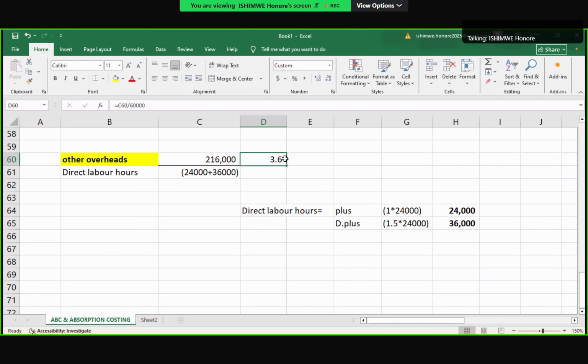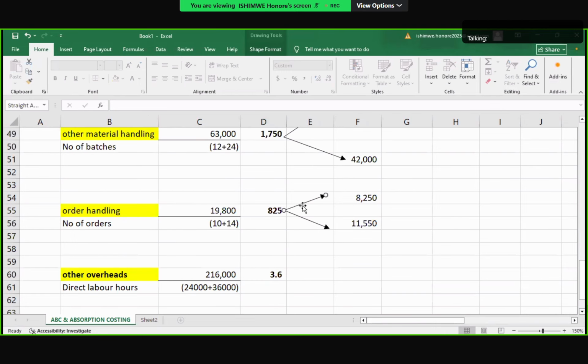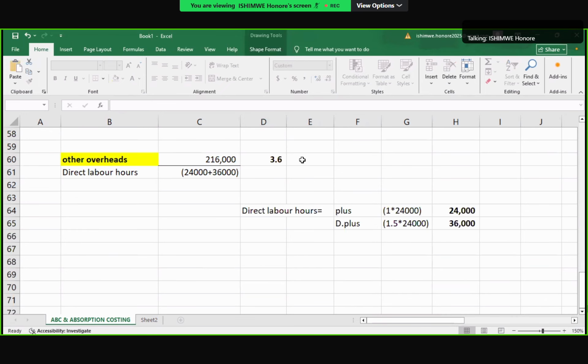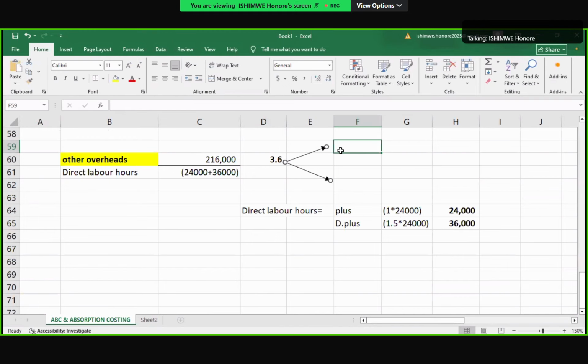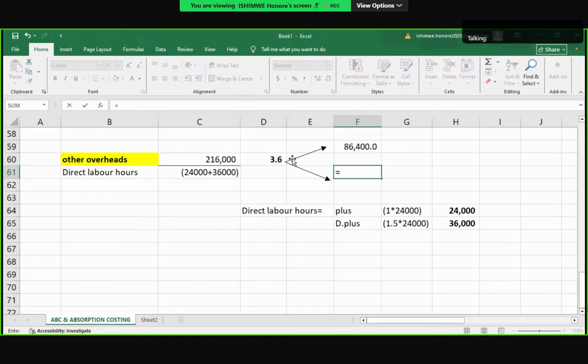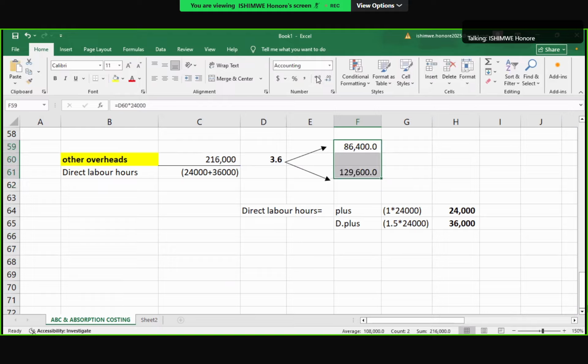So I can now determine the allocation of it, and I said allocation is a simple thing. For plus, we'll be taking this 36,000 times 24. And also here it will be 3.6 multiplied by 36,000. Okay, this is the answer I'll be getting.